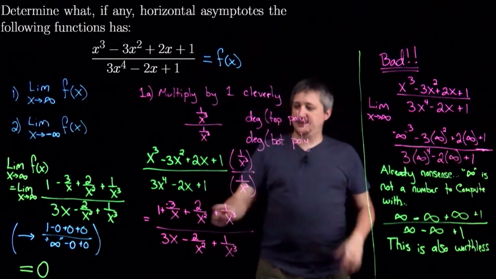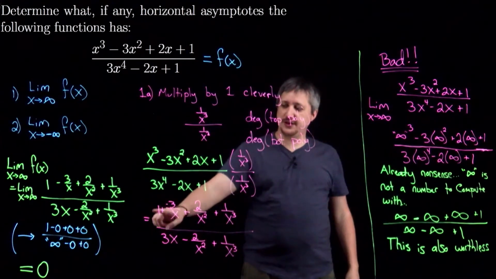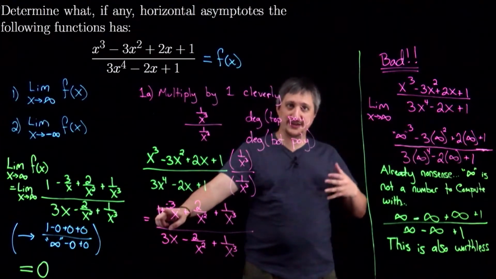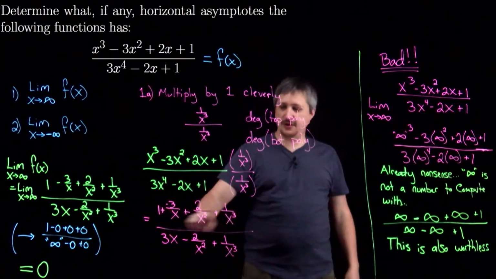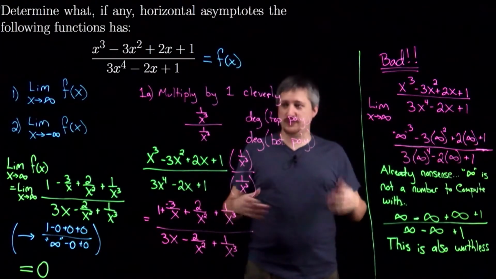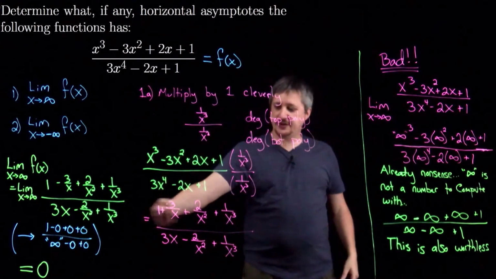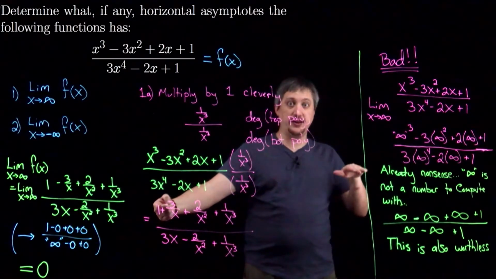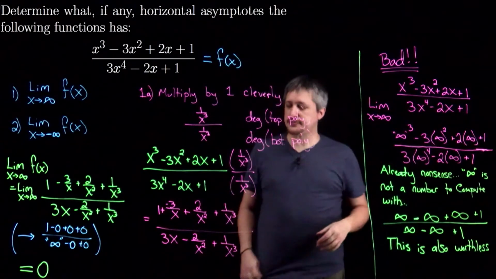The reason I did that is because I want to turn the leading power of x in one of them into x to the 0, meaning I want to make it just a number, for either the top or bottom, whichever is the smaller one. The top one was originally the smaller degree, so the top one now has a leading term that is just 1, as opposed to x to some power.